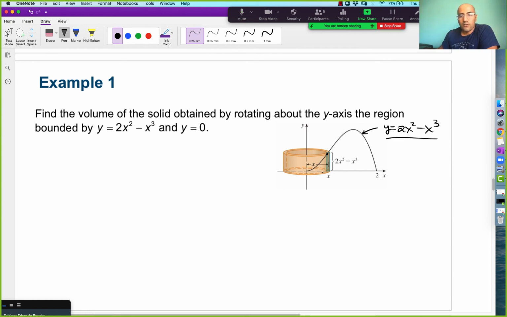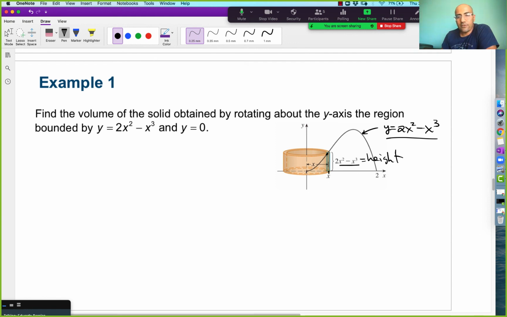For one individual shell, this is going to be the height. The delta x is just the thickness of the shell. And then the radius is just going to be x.